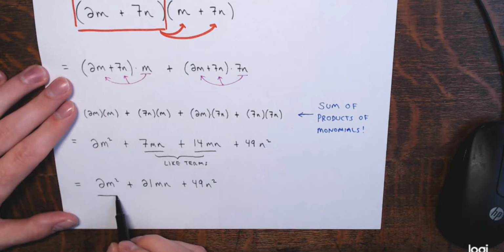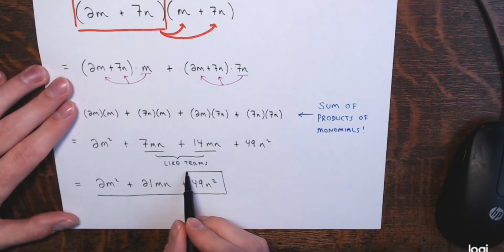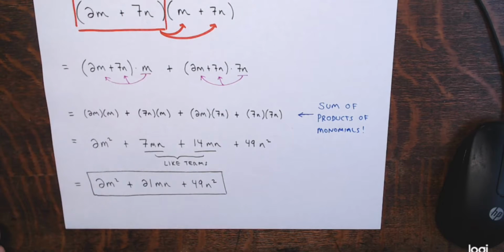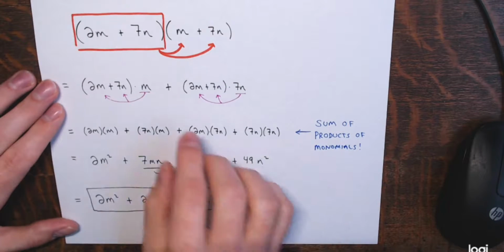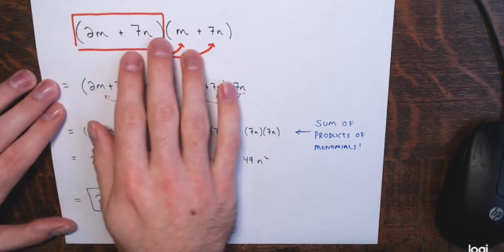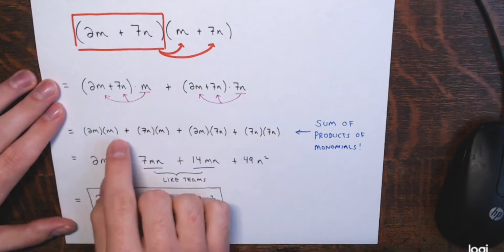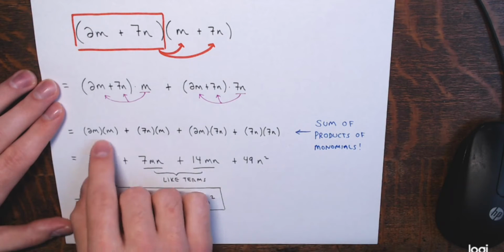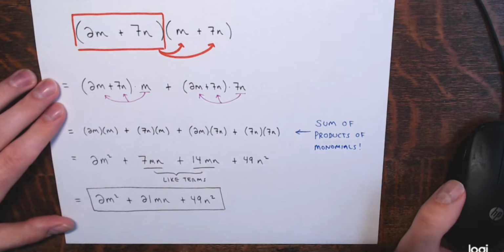None of these terms are like terms. Right. And there's your product. Totally simplified. But like I said, you're going to be using the distributive property a lot. And you keep using the distributive property until you get down to a sum of products of monomials. And then, of course, combine any like terms afterwards.